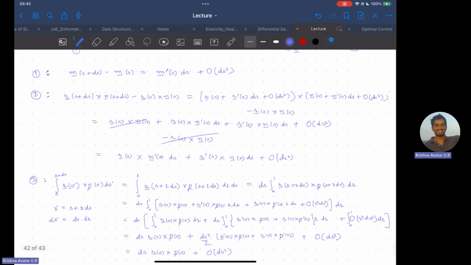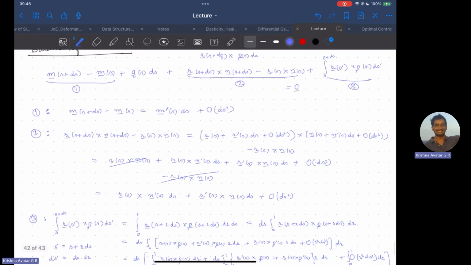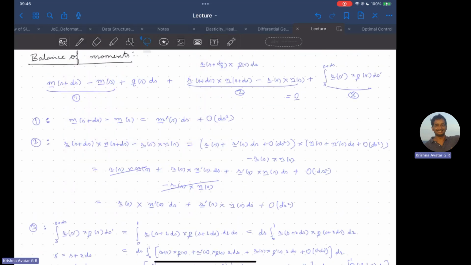Okay, so what we do is we assemble all of them. So now the moment balance equation looks like this. Bring everything here, remove this. This was done.